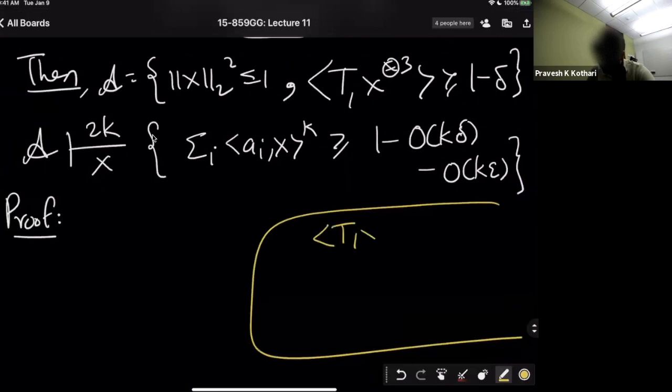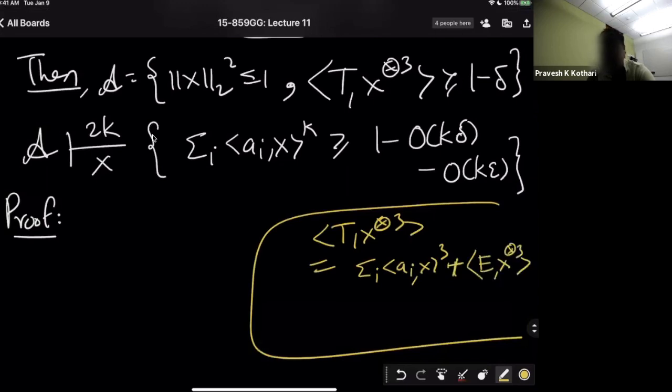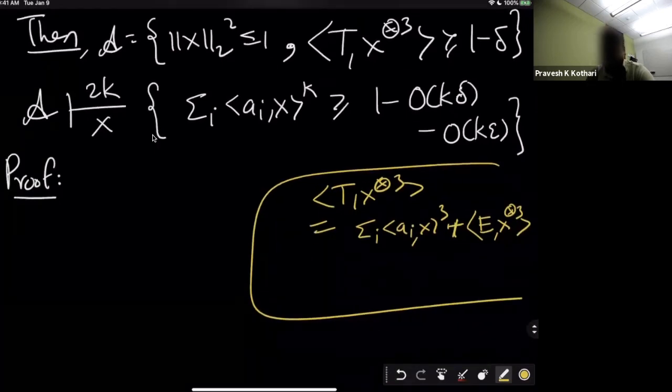So T dot X tensor to the 3 is actually equal to sum AI X cubed plus E dot X cubed, right? And now we use the fact that E had this 1,23 norm upper bounded.